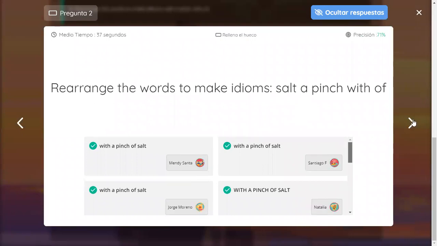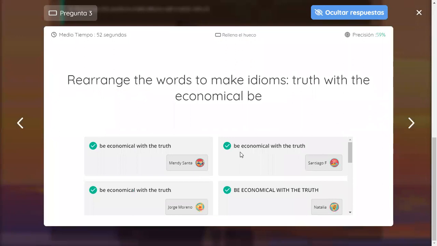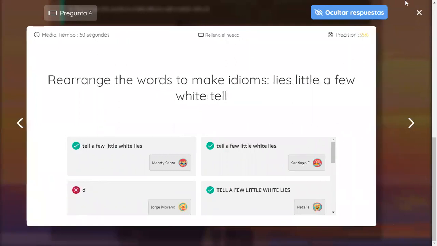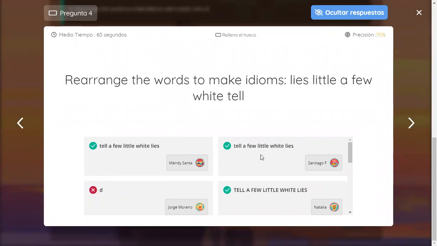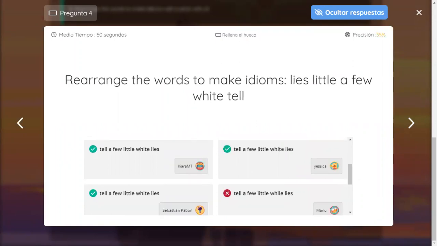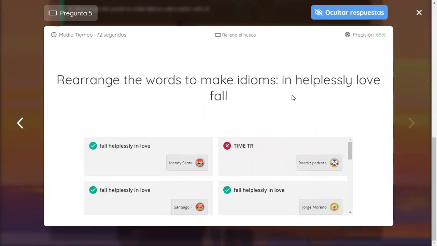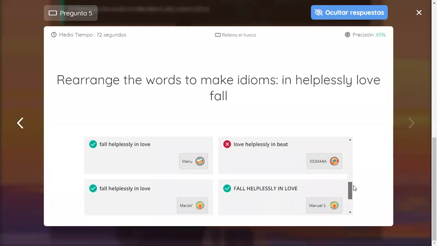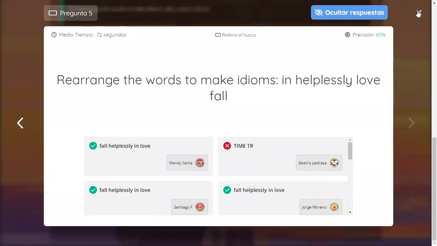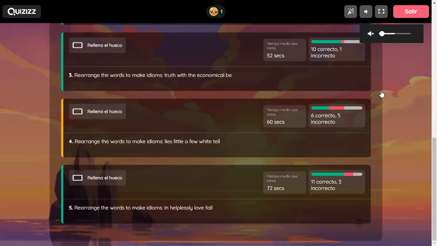Then we had to be economical with the truth, right? Number 4 was to tell a few little white lies. The last one was to fall helplessly in love. All right? These were the idioms that we studied on Unit 5.